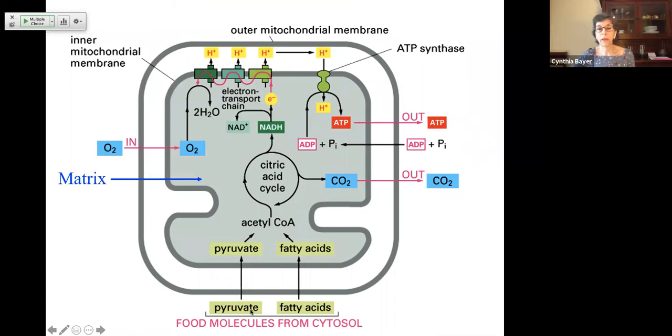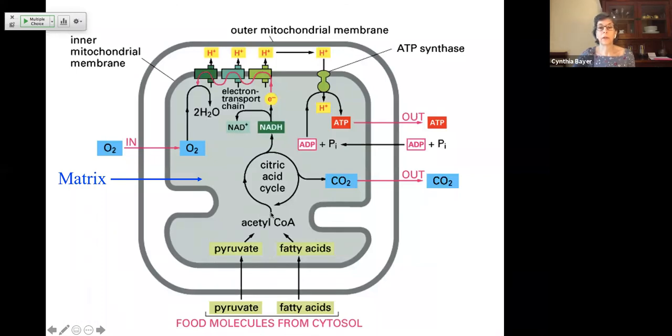The pyruvate, as well as other breakdown products from other fuel molecules like fatty acids, will be 2-carbon products, transported across those membranes into the matrix. Pyruvate is transported across the inner and outer membrane of the mitochondria into the interior compartment.